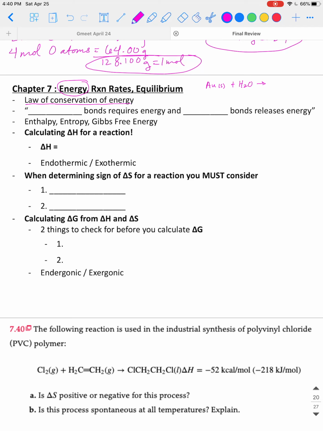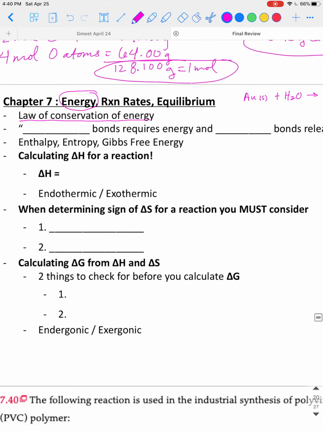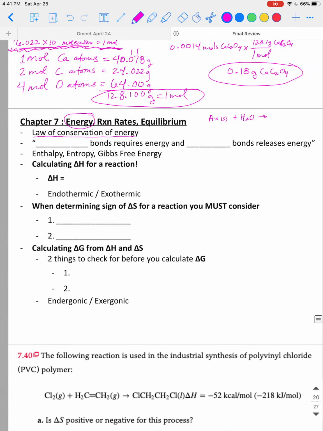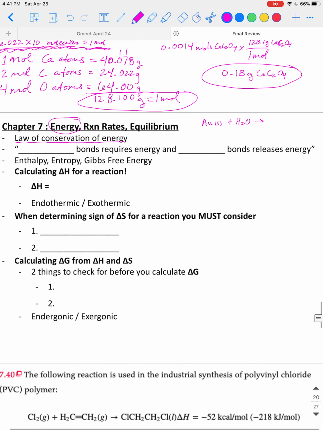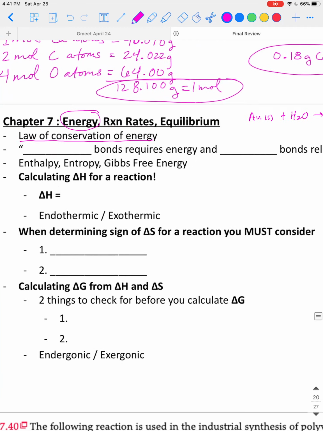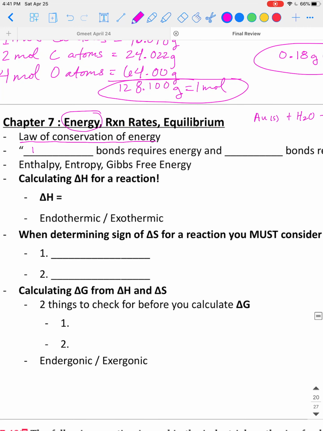Energy can change forms. It can be released as heat. It can be stored as potential energy in chemical bonds. But the law of conservation of energy applies, okay? So I have this statement right beneath the law of conservation of energy. Blank, doing what to bonds requires energy, and doing what to bonds releases energy, okay?